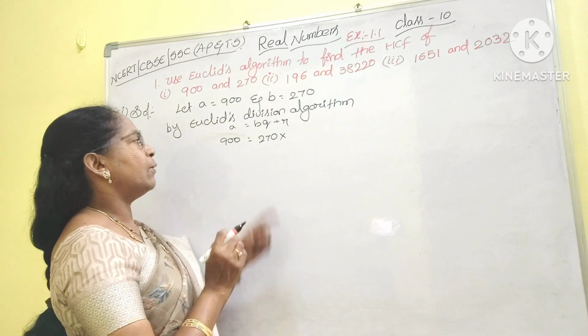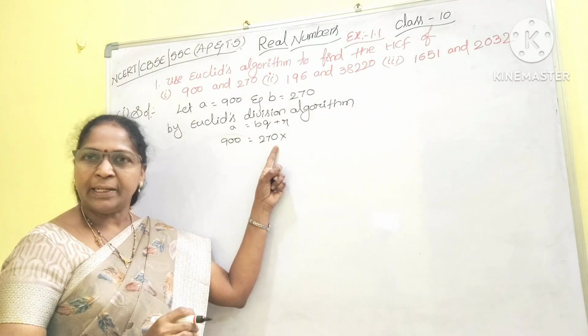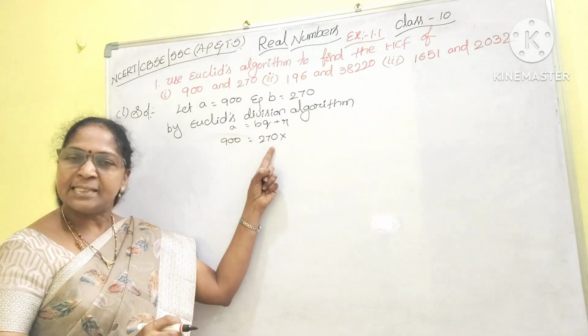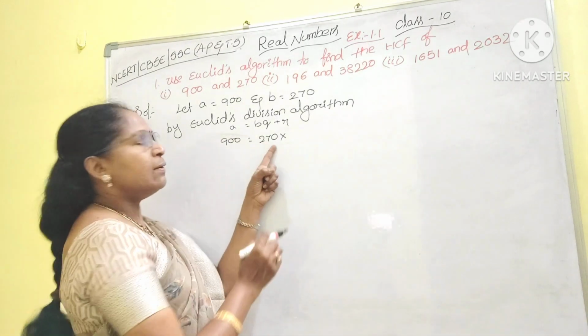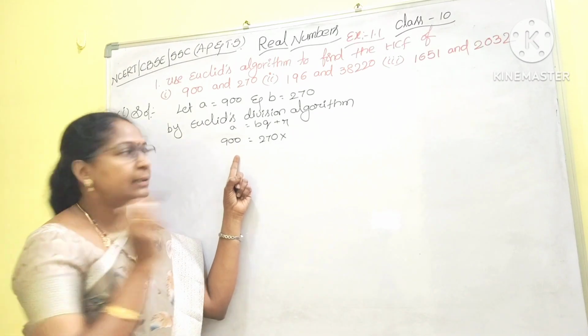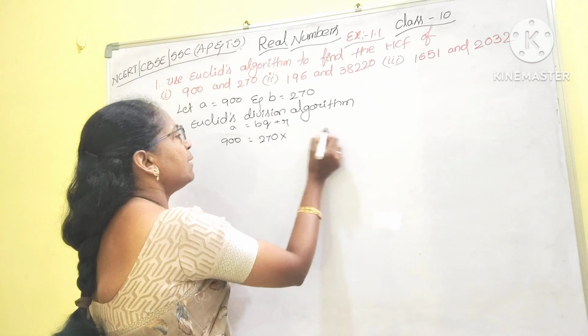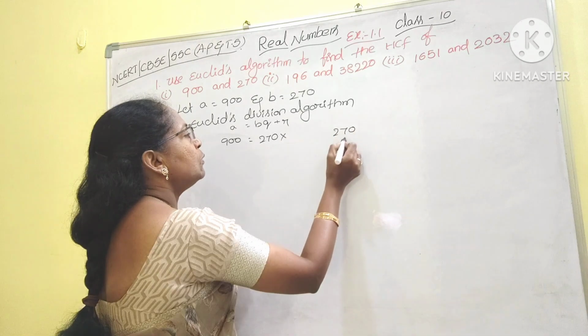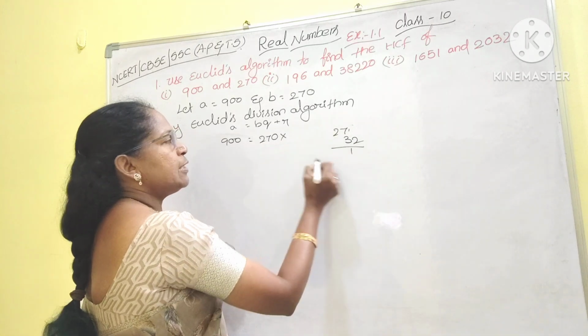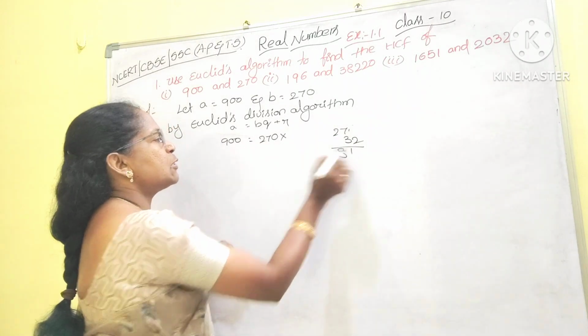Just write it down. This is nearly 3, since 3 threes are 9, so it goes into 900 3 times. So 270 into 3: leave the 0, then 7 times 3 is 21, 3 times 2 is 6, 6 plus 2 is 8.